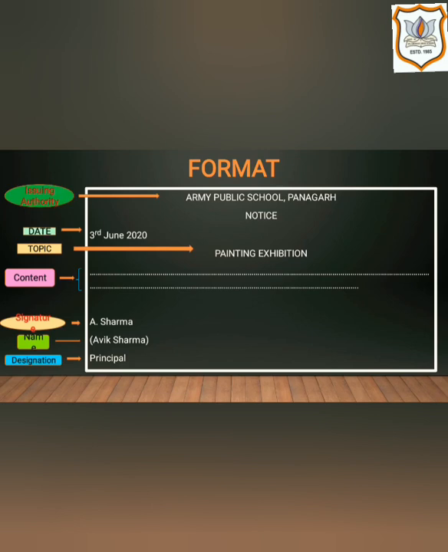Now, after completing the content, you have to write the name and designation of the signatory authority on the lower left hand corner of the notice. So students, I hope you get a clear idea of the format of notice writing.